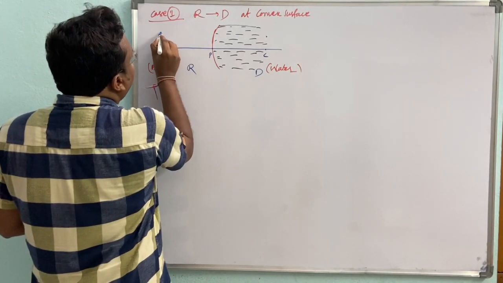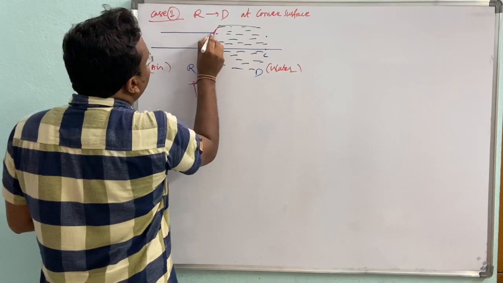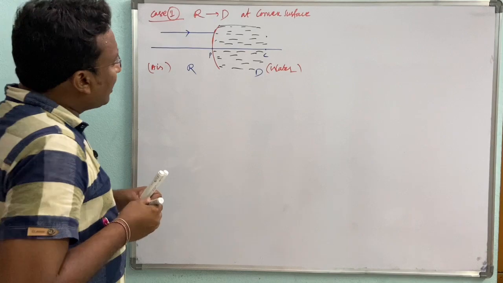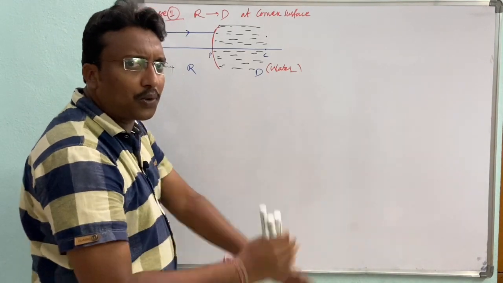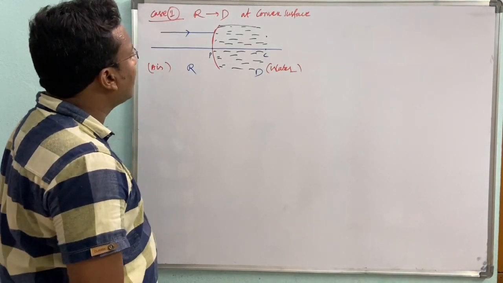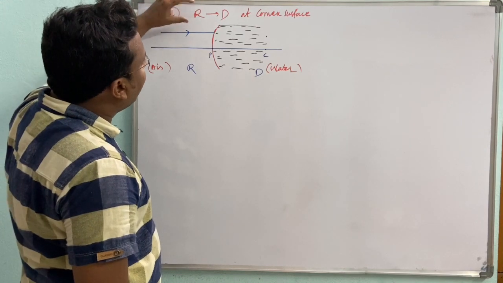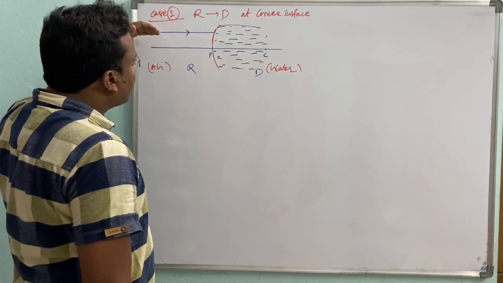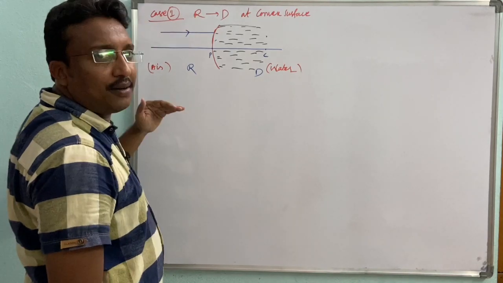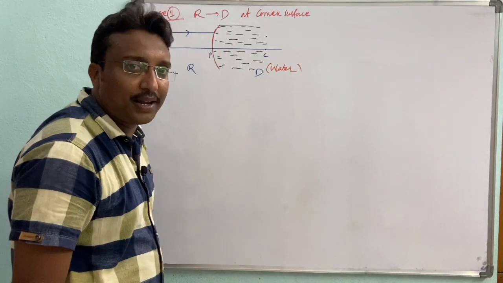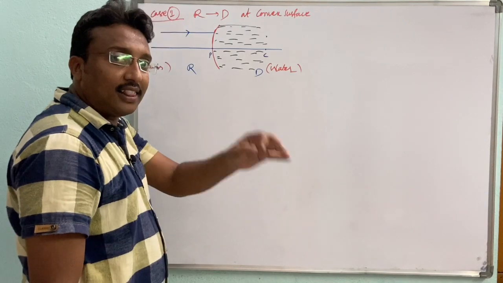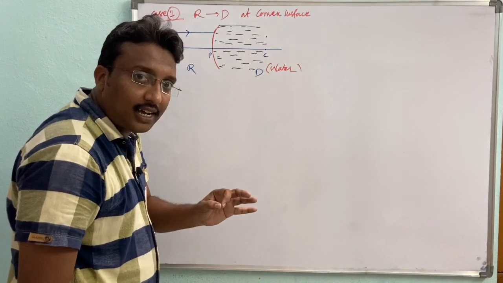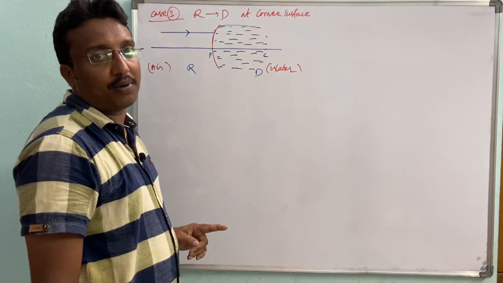The incident ray passes parallel to the principal axis. What is the common rule we discussed for the plane surface? When a ray passes from a rarer to a denser medium, the refracted ray bends towards the normal, isn't it?